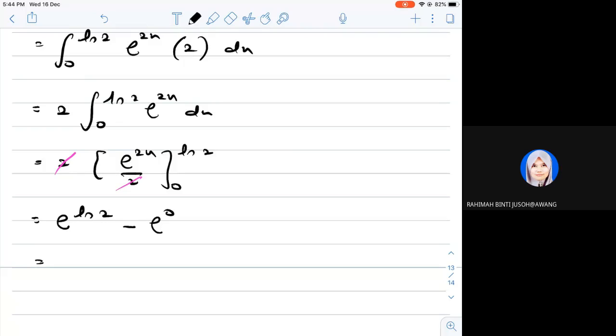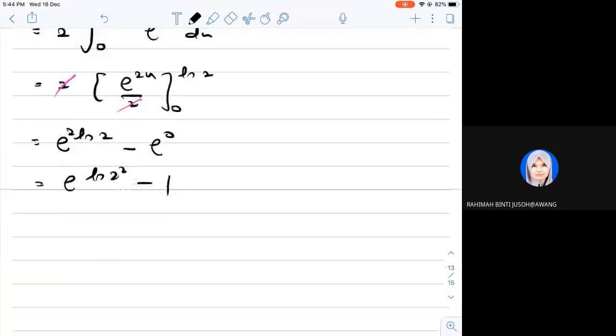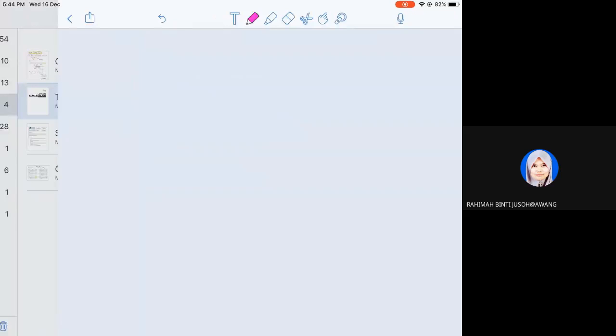So 2 pindah atas jadi 4, minus 1, isn't it? So 4 minus 1, we get 3. So the answer is 3. Okay. Understand, guys?